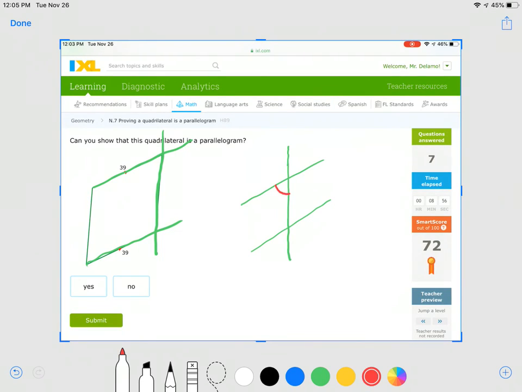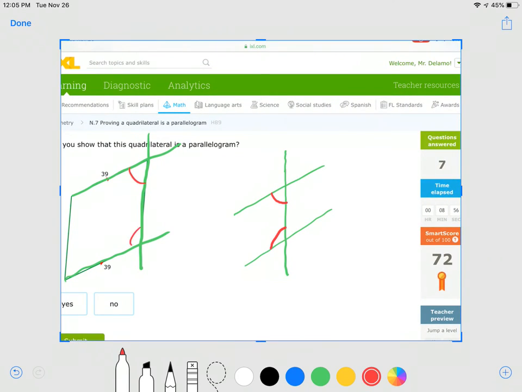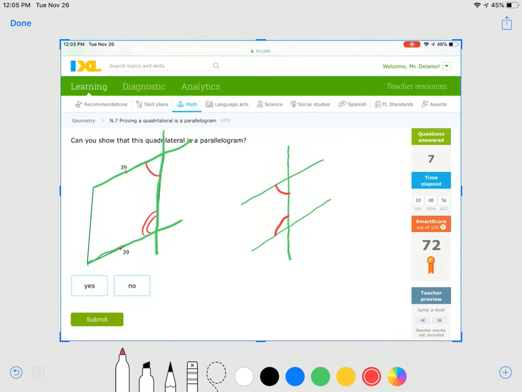These two angles here are consecutive interior angles, and their property is that they sum to 180. So this angle plus this angle is 180. Same thing happens on the left-hand side. These are also consecutive interior, but kind of backwards. So they have to add up to 180.